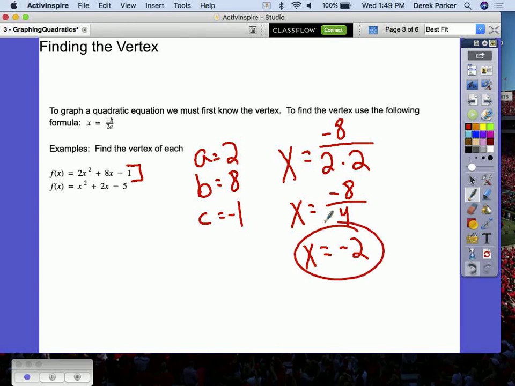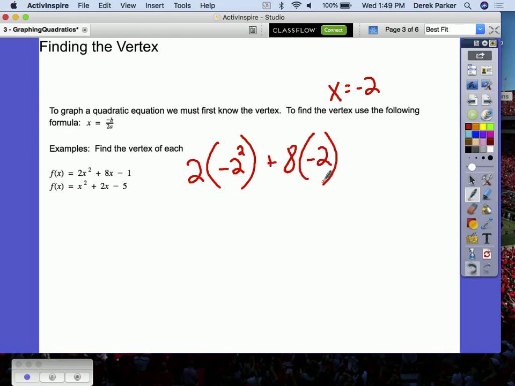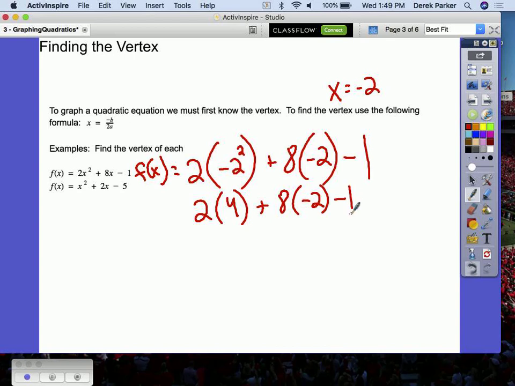Now, I'm not finished. That just gave me the x value for this equation. Remember, x equals -2. I'm now going to plug that into the formula: 2 times -2 squared plus 8 times -2 minus 1. Now follow the order of exponents. And remember, all this is f of x or y. -2 squared is +4, so that becomes 2 times 4 plus 8 times -2 minus 1.